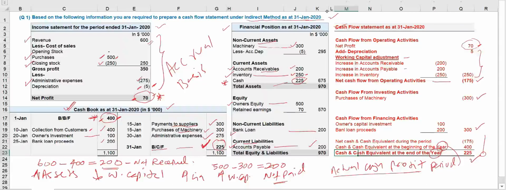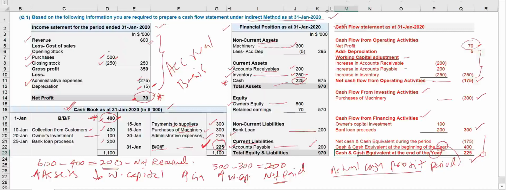Then you need to look at the investing activities and financing activities. For investing activities, we considered non-current assets purchases. In this scenario, you are given only the purchases, so we made an adjustment for the purchases of machinery.